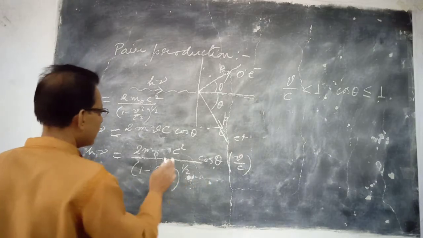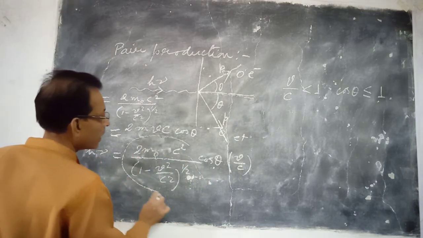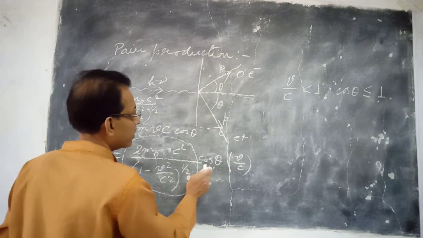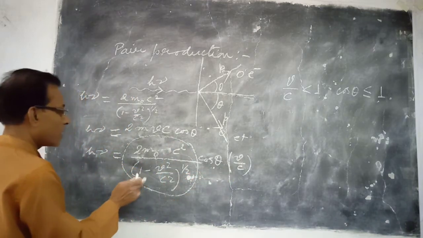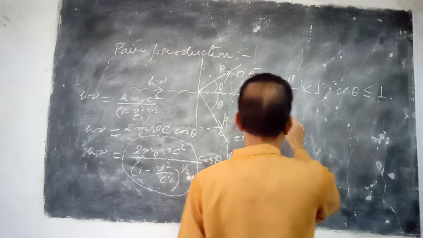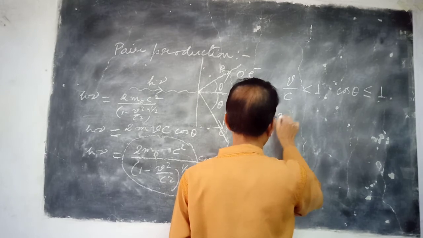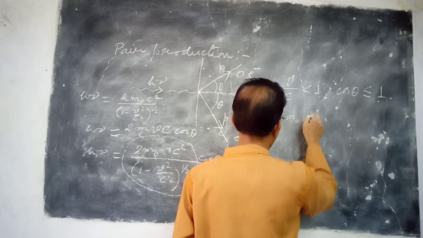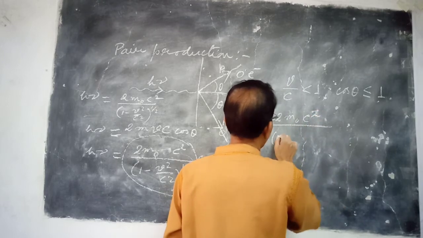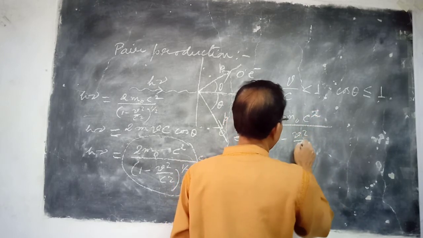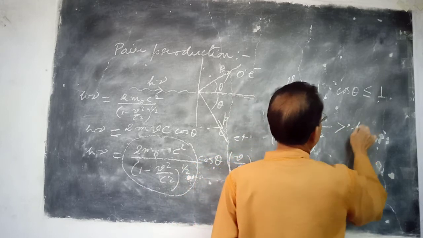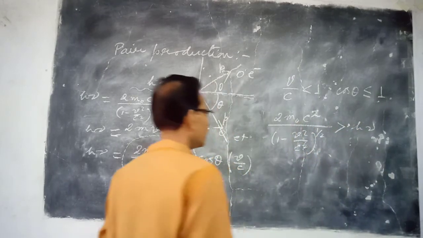So from momentum conservation, this quantity is multiplied by two quantities which are less than 1. Therefore twice m0 c square by 1 minus v square by c square to the power half must be greater than h nu.